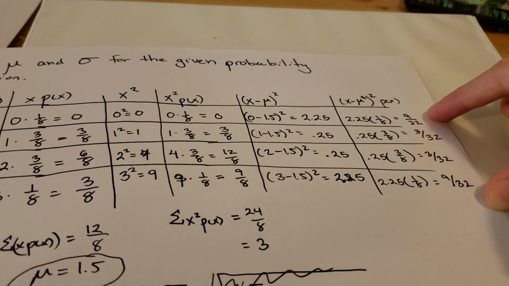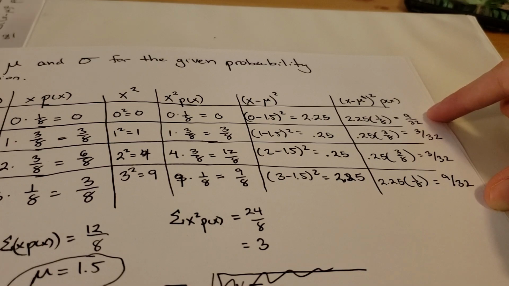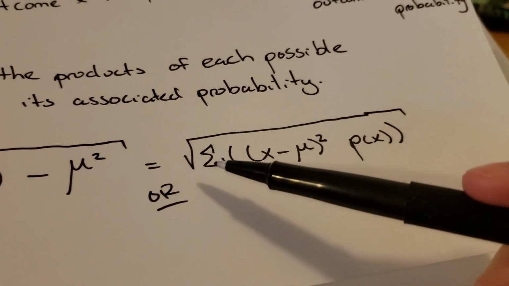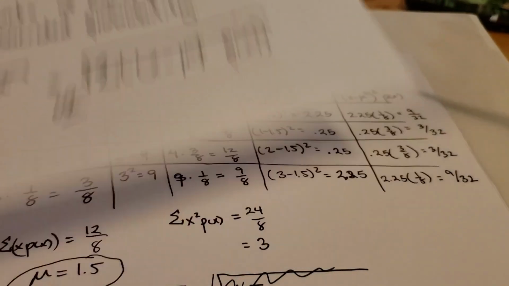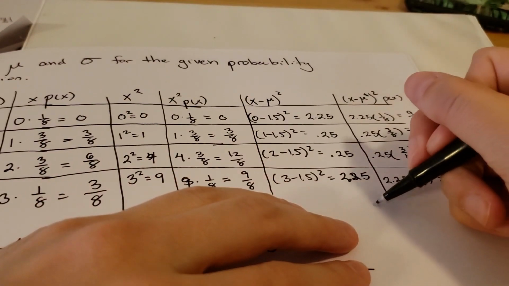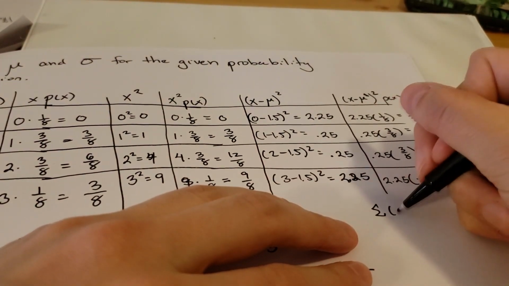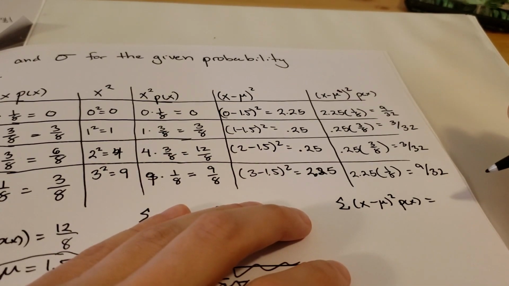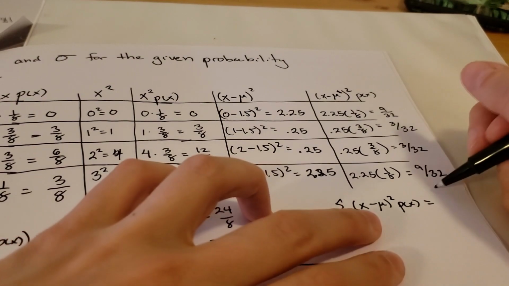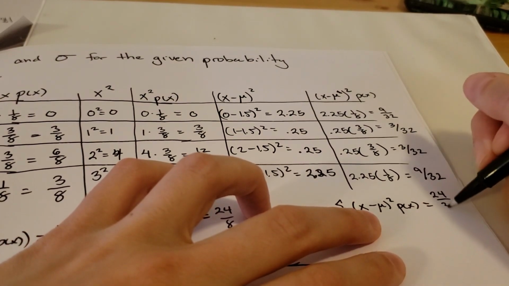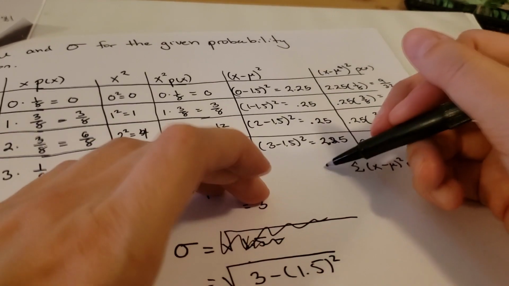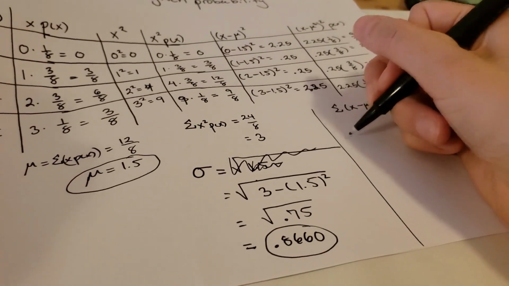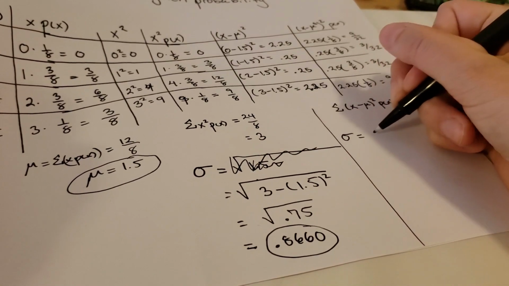Anyway, so now we're going to add all of these up, because that's what this part of the formula tells us to do, right? This is saying take the sum of everything we found over here. So now we're looking for the sum of, that's if we add all of these guys up, we end up with 24 over 32. And now we're going to use the other standard deviation formula to find our standard deviation.